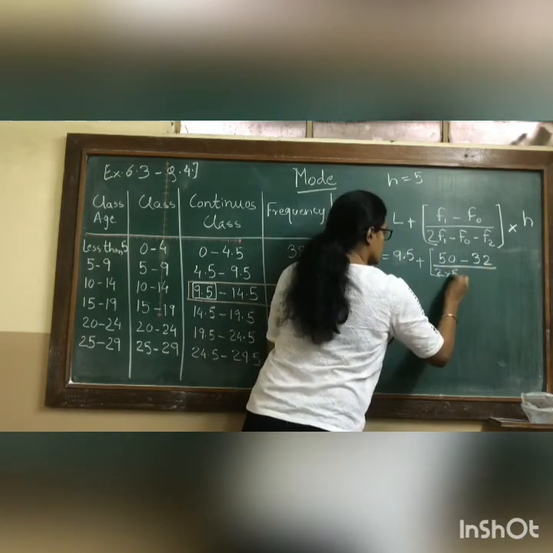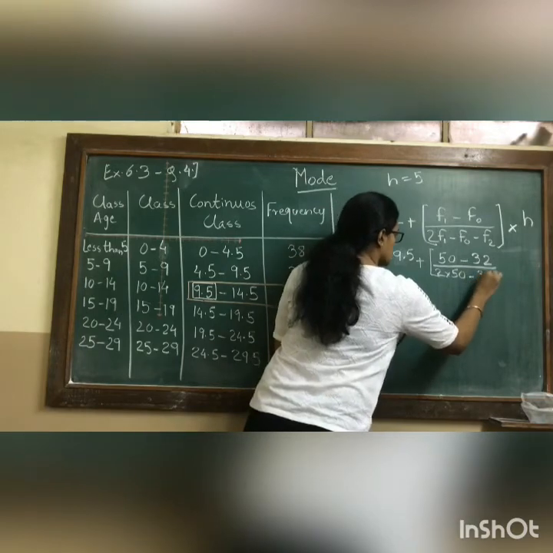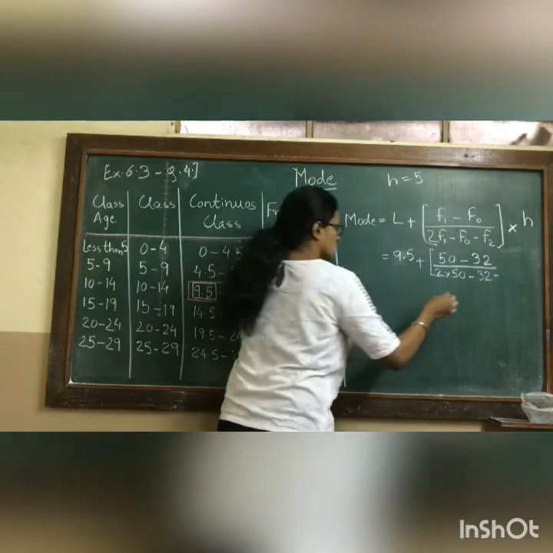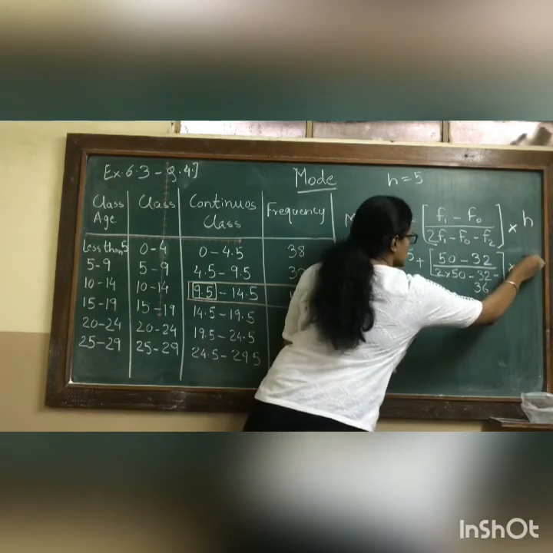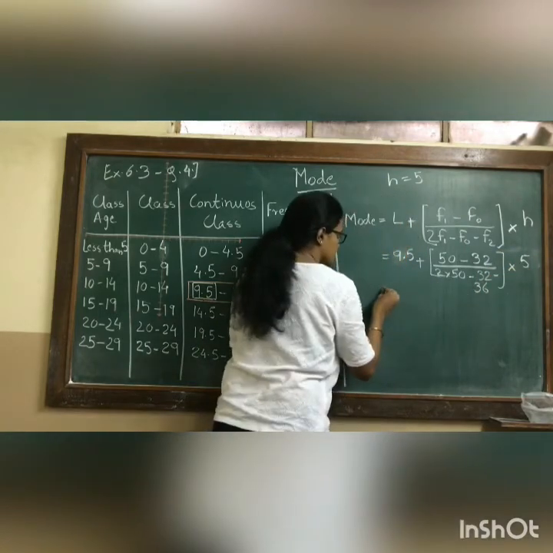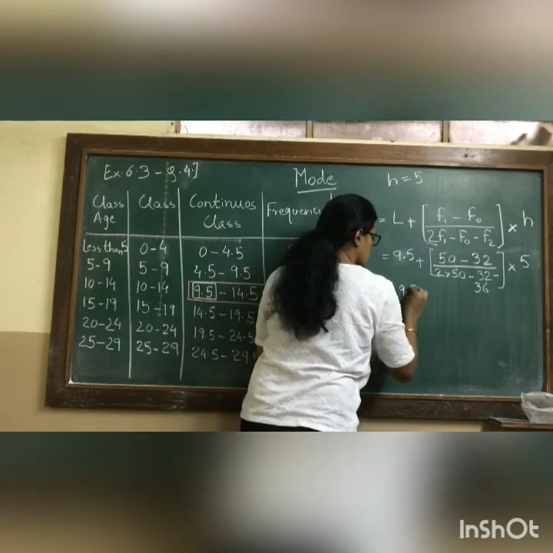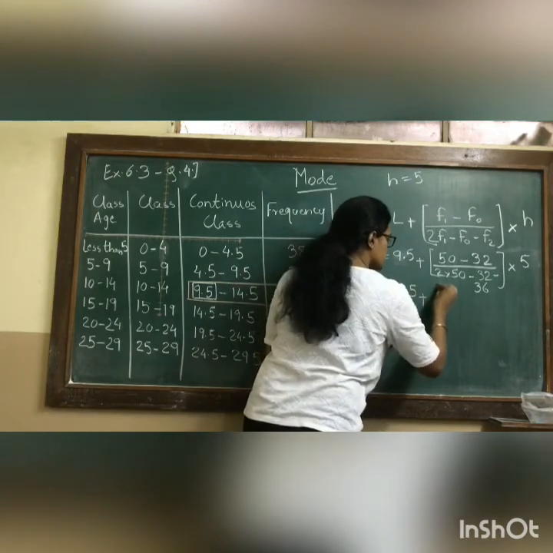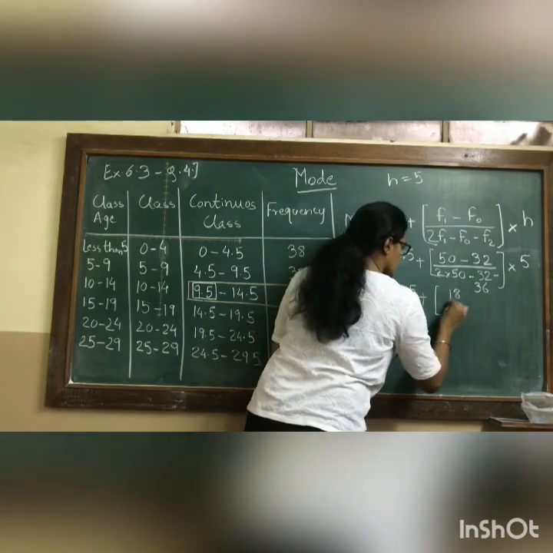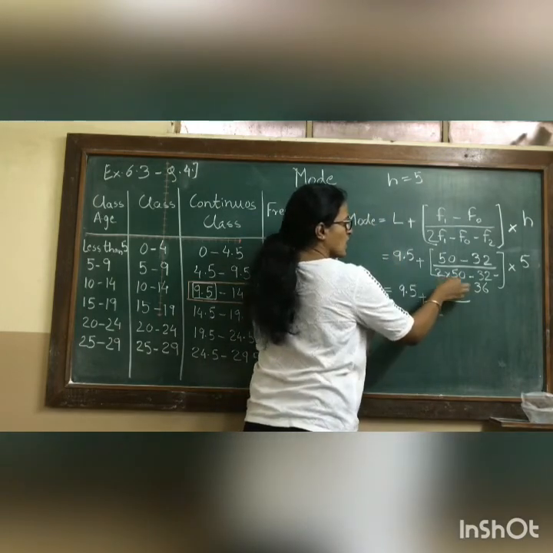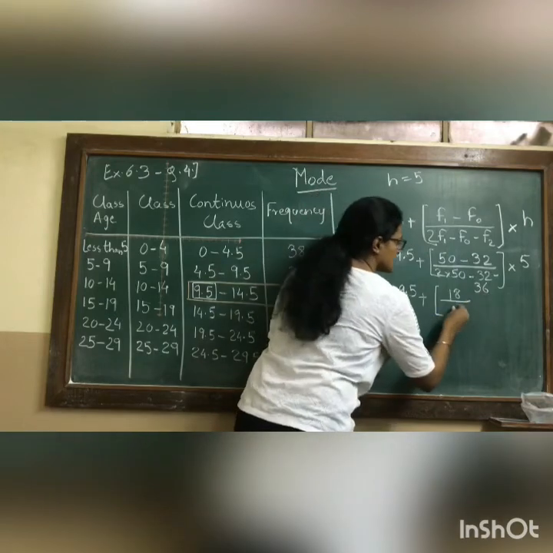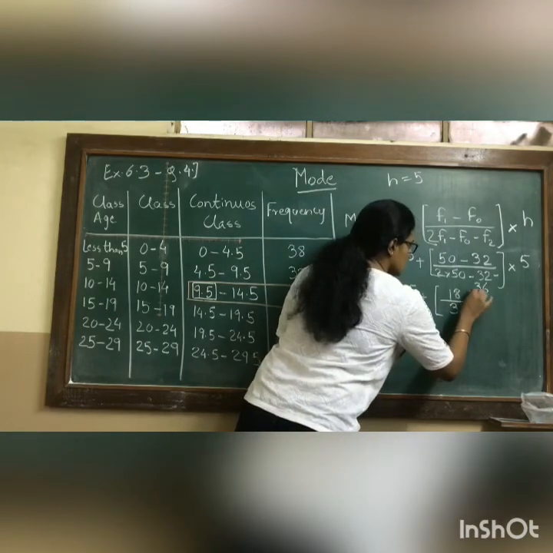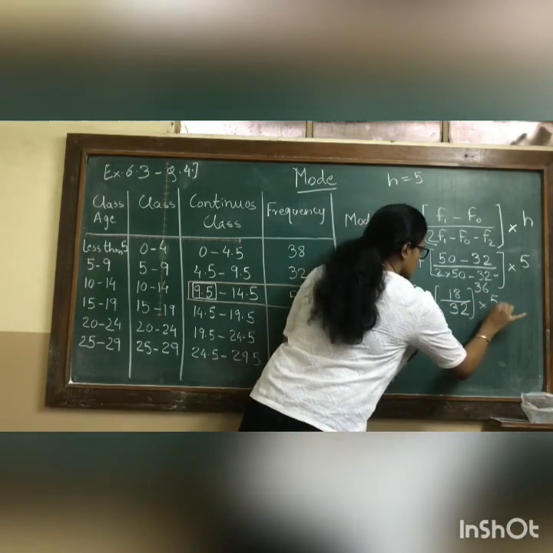Twice of 50 minus 22 minus 36, and H is 5, which gives us 9.5 plus 18 upon, so 100 minus 68 gives us 32 into 5.